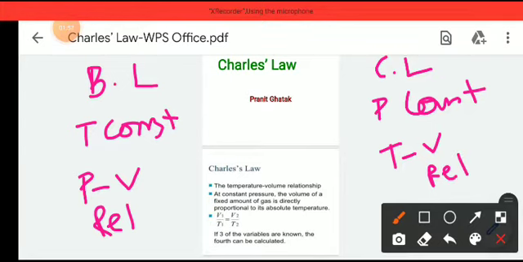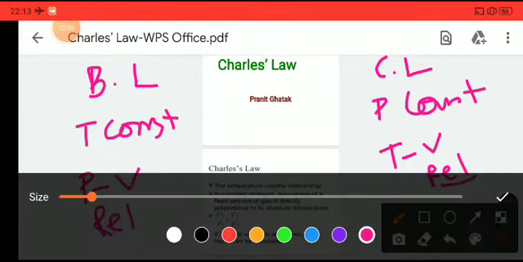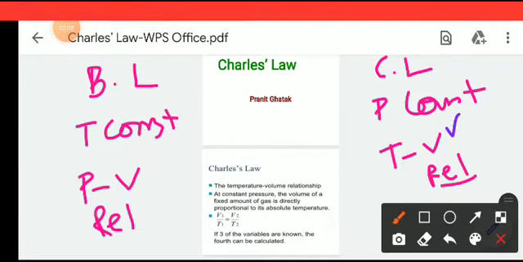Remember, in Boyle's Law or Charles Law, the volume is the main thing. In Boyle's Law temperature is constant, in Charles Law pressure is constant. This is the basic difference between Charles Law and Boyle's Law.